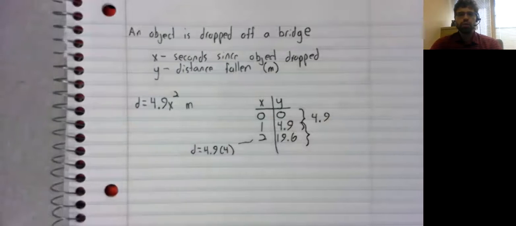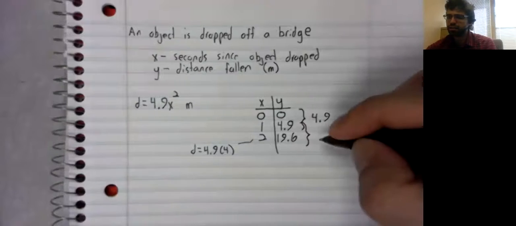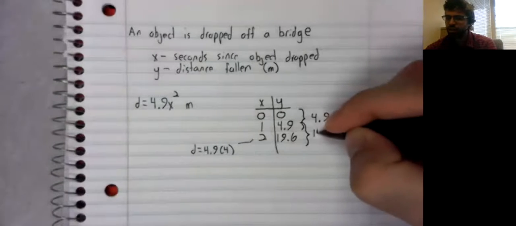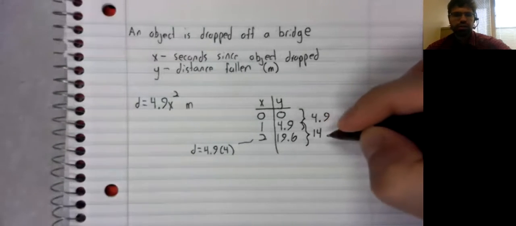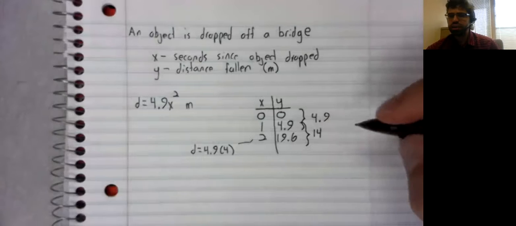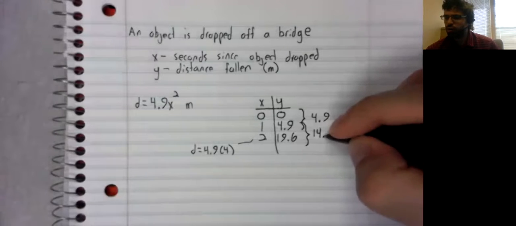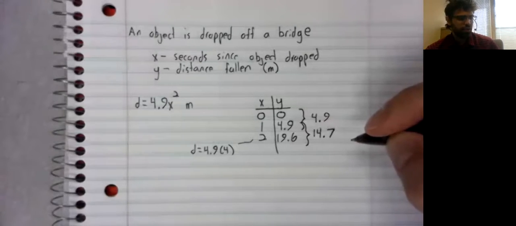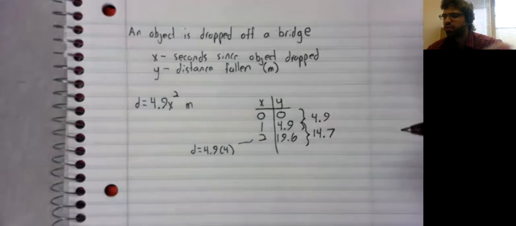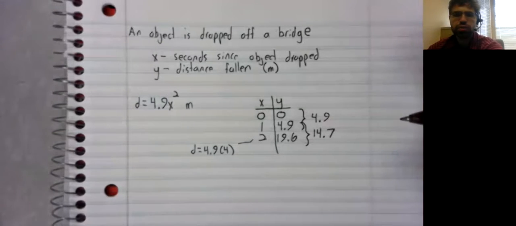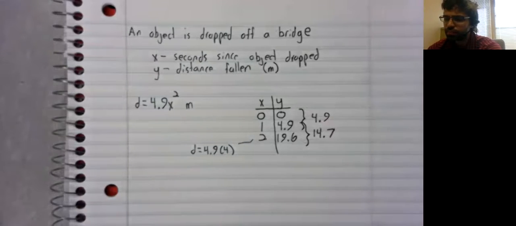So when you go from 1 second to 2 seconds, the distance the object has fallen has increased by 14.7 meters.